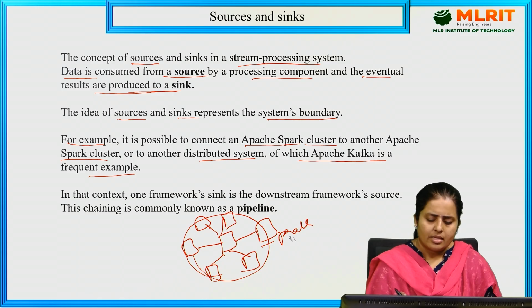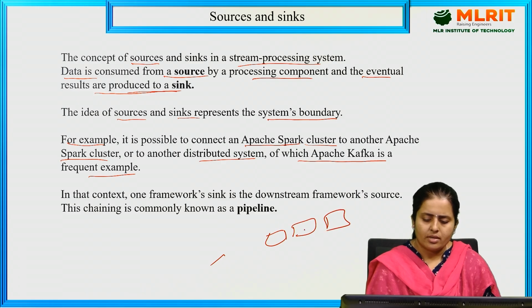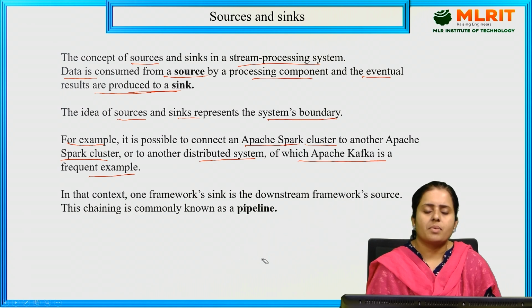If we connect multiple systems in the same manner, all the systems can work in a distributed manner. So data is passed from one system to another in a sequential model. We can say that clusters are interconnected by using the Apache Spark model.